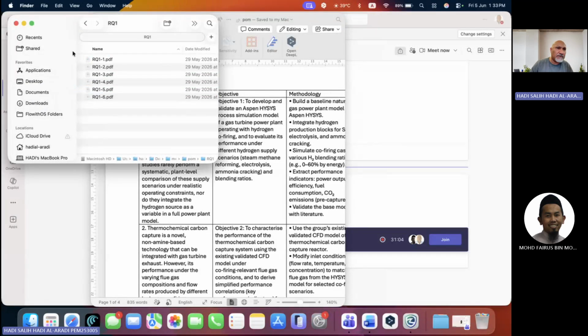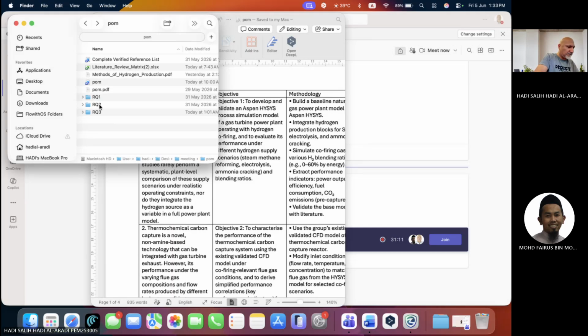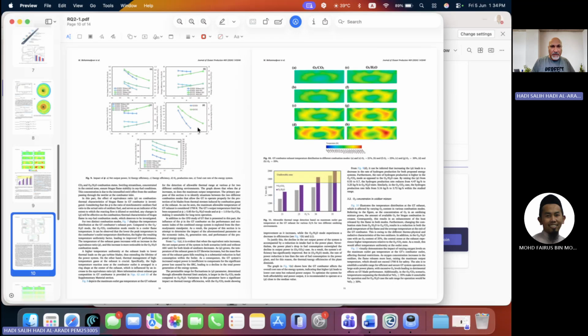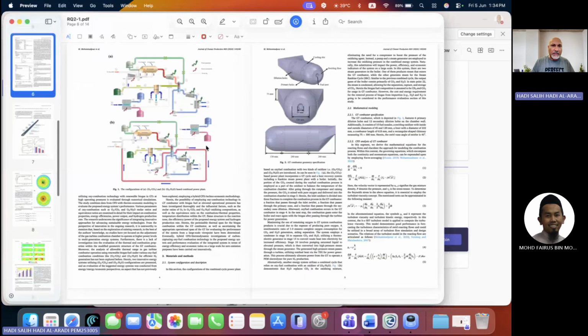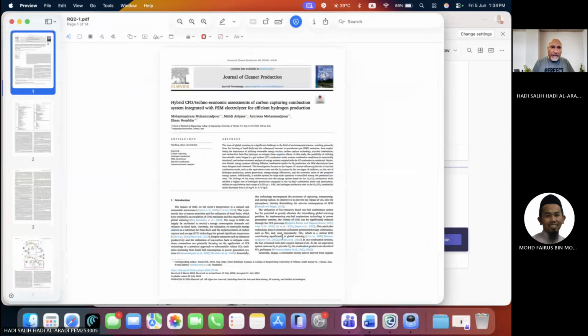That was the first one. It was the hybrid CFD techno-economic assessments of carbon capture combustion system integrated with PEM electrolyzer for efficient hydrogen production.